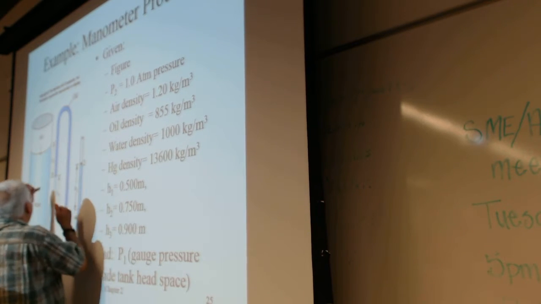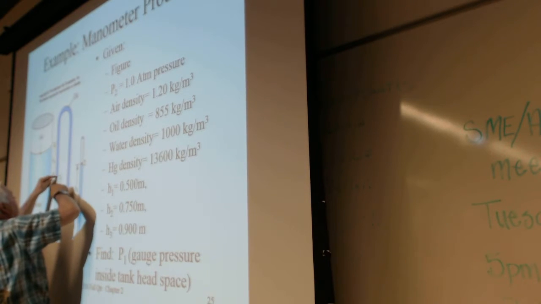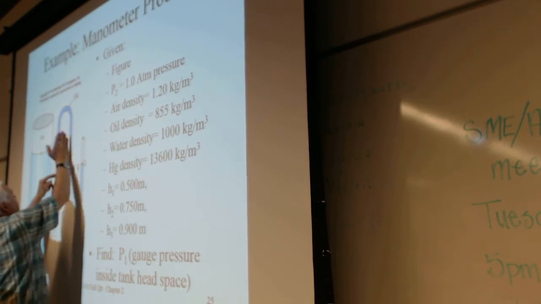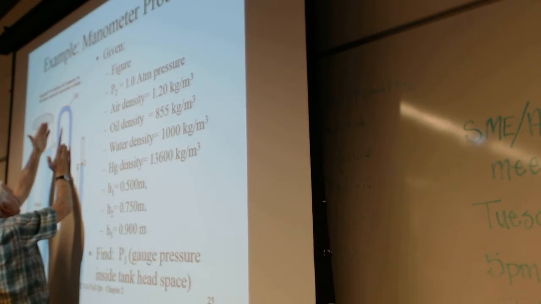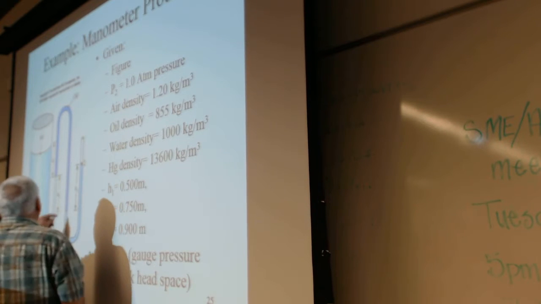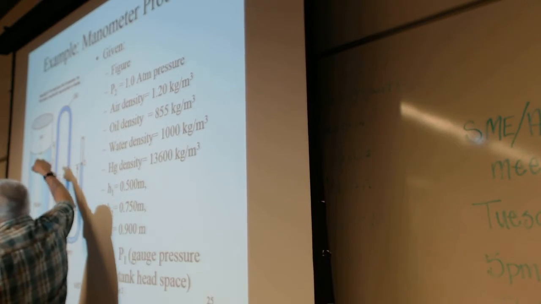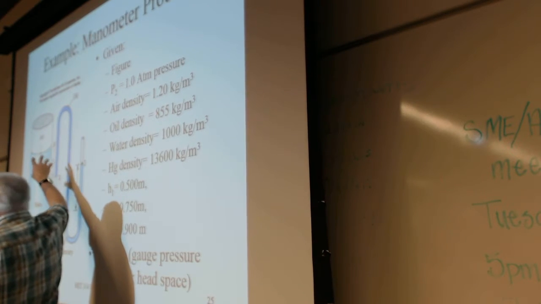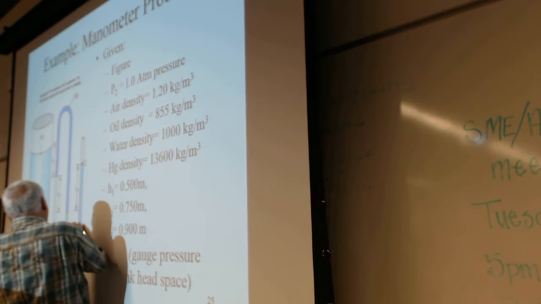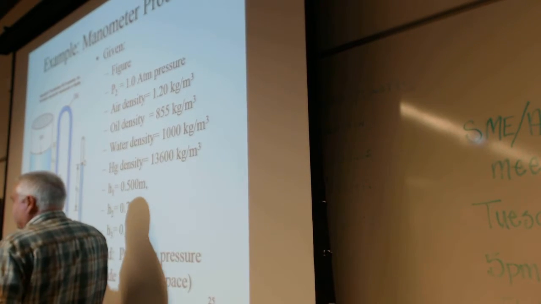What's really going on in this loop is that the fluid on this side is pulling down this way, and this one's pulling down that way, and they balance each other. You could just pop that straight across and have the same thing, but maybe you needed that loop for whatever reason. Same thing with the mercury: it's pushing down here, and this one's pushing down, and they equal each other. All that matters is the difference.